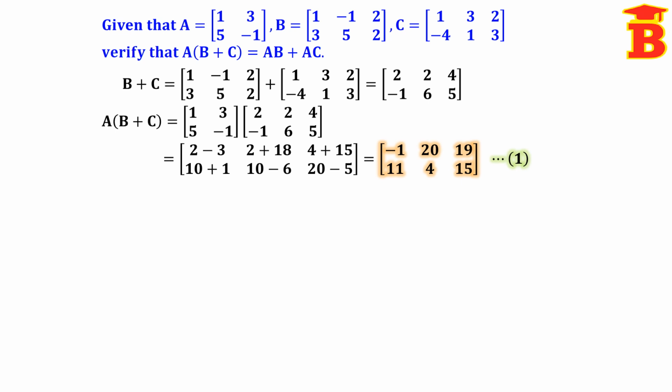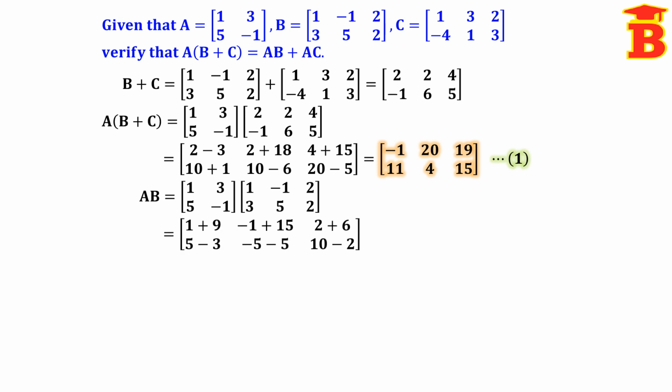Now we have to find the right hand side answer. The right hand side first term is AB. So first we have to multiply A into B. A matrix 1 3, 5 minus 1, into B matrix 1 minus 1 2, 3 5 2. For multiplication we follow the same method, row by column.